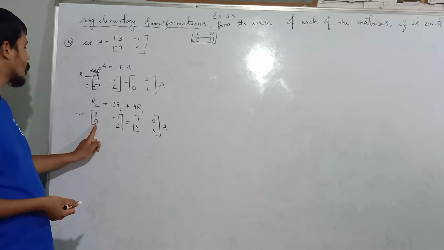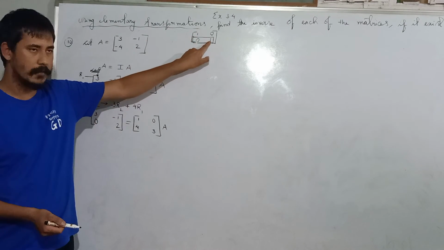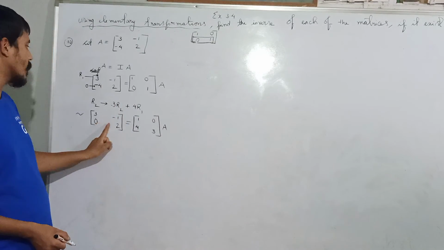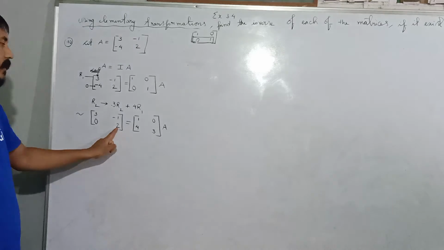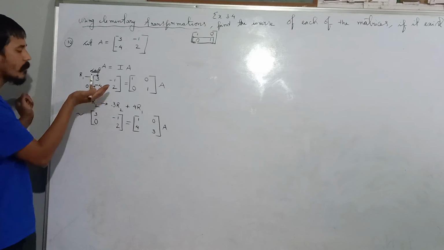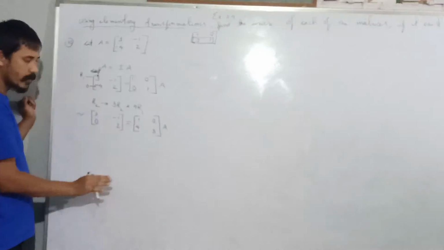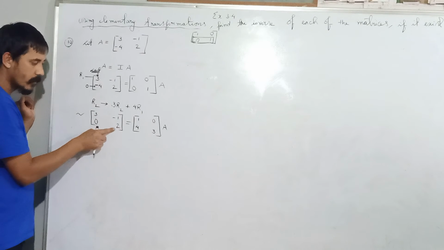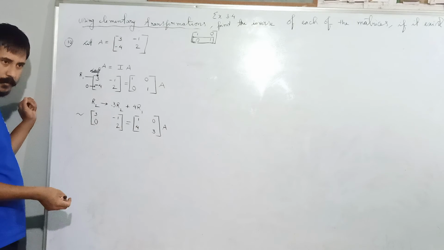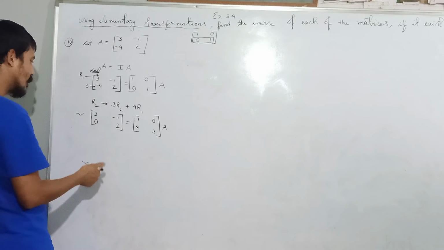Now we want the entry in row 2 to be 1. The first entry is 0 already, so we multiply by 1 by 2, or divide by 2.